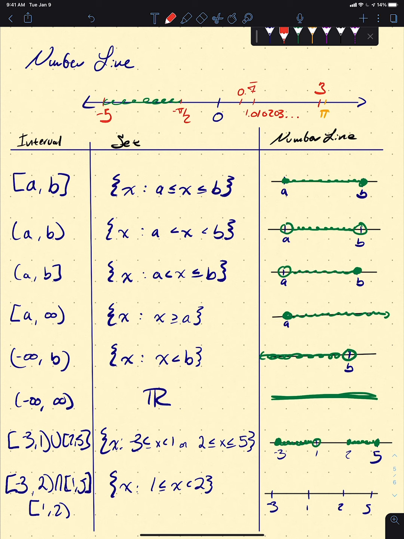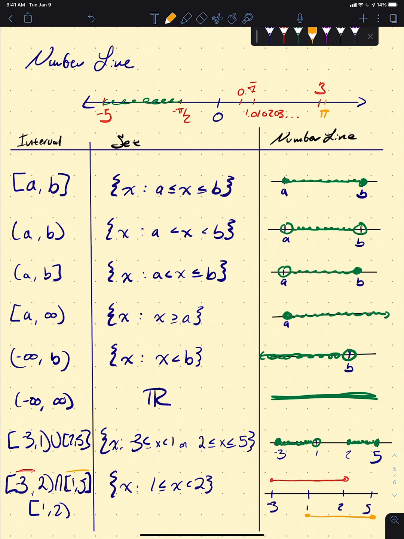Our first set, this one right here, is talking about this set. And our second one, which I'll color in this yellowy orange, which I don't actually know what to call that color, is closed on both sides, and it looks like this.